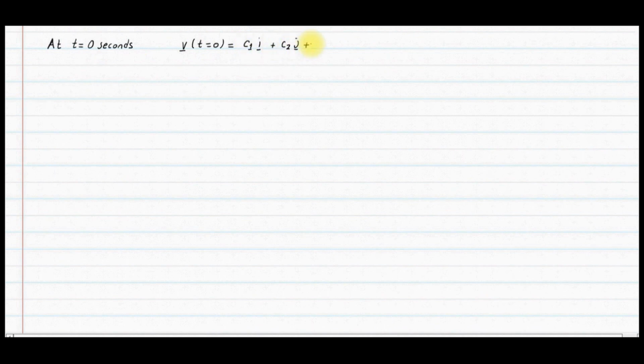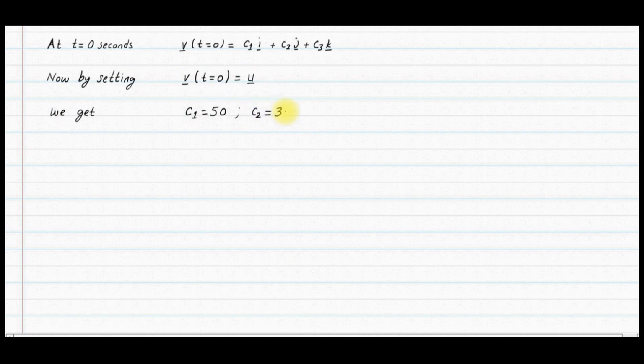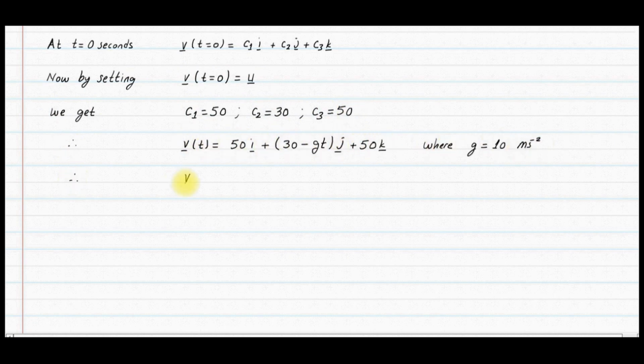To find the integration constants c1, c2 and c3, we equate the initial velocity vector to the velocity vector at t equals 0, which gives c1 equals 50, c2 equals 30 and c3 equals 50. Therefore, we can write the velocity vector as v of t equals 50i plus (30 minus 10t) j plus 50k.